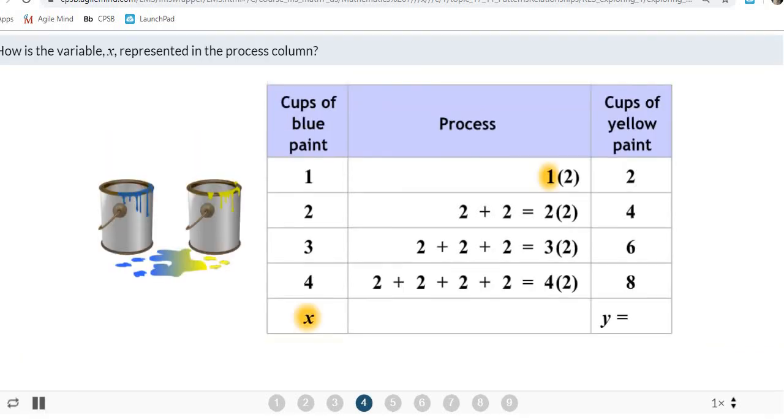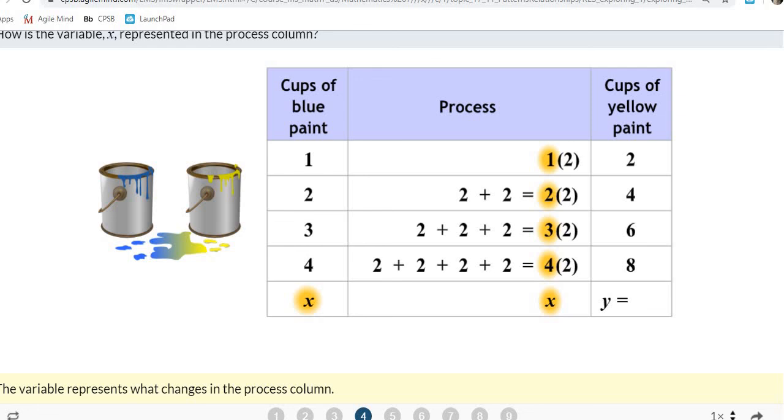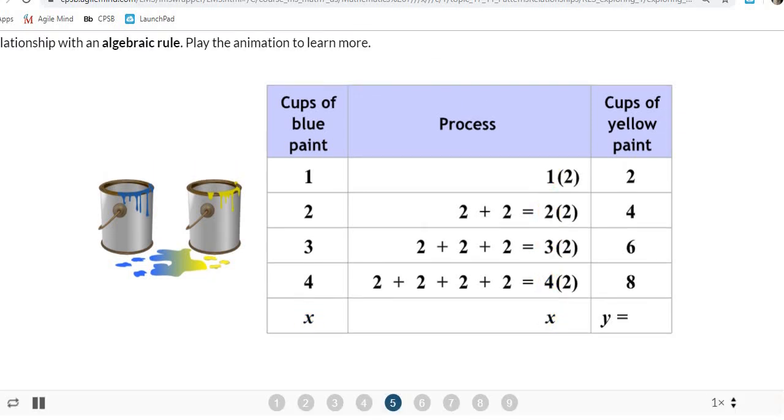So I first see that my variable is changing every time. It changes from a 1 to a 2 to a 3 to a 4, because that's how many different cups of blue paint. It's changing every time, right? So I'm calling that X. That's my variable X in my equation. What is staying the same every time?